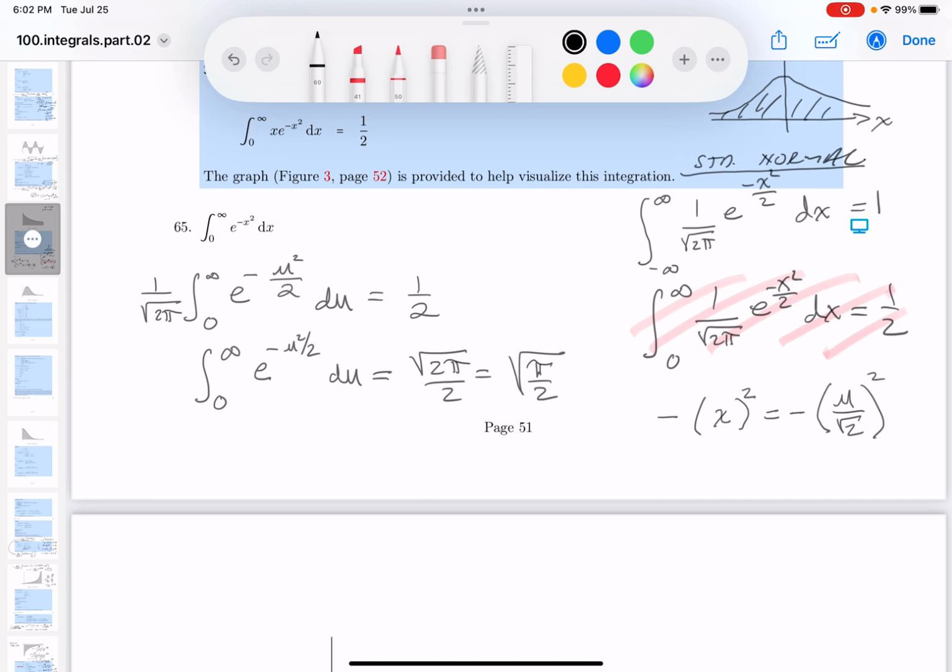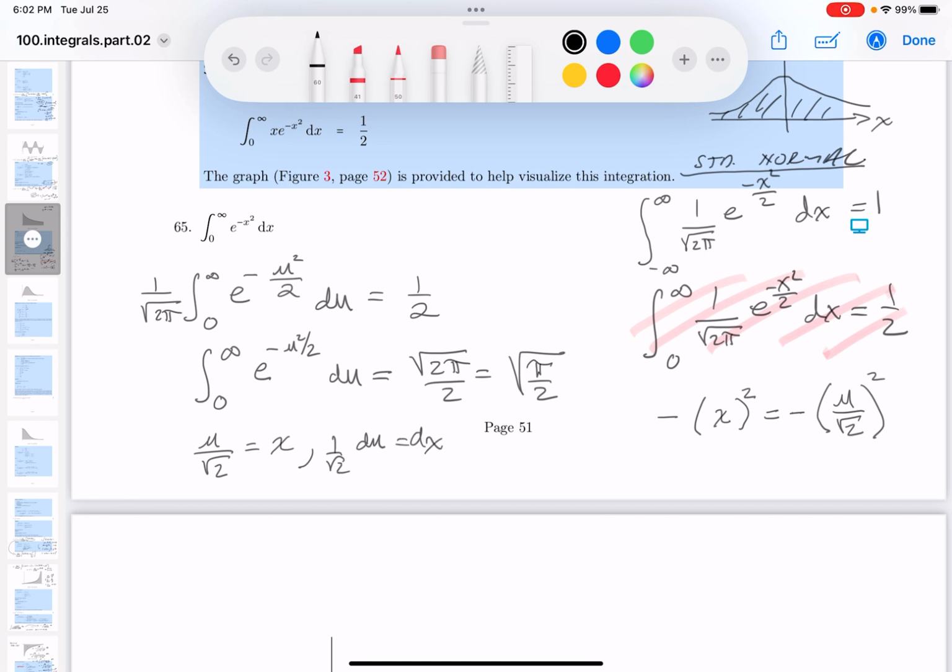So let me point out what I want to do. I'm going to make a substitution. Again, I'm looking at the integration. I'm going to say u over root 2 is equal to x. And then I'm going to say du, that's going to be 1 over root 2, would equal dx.